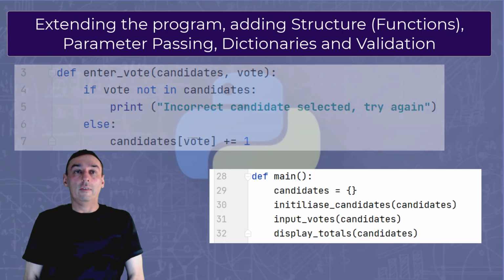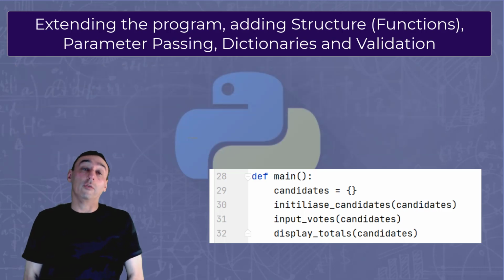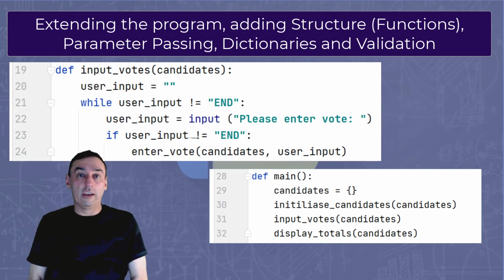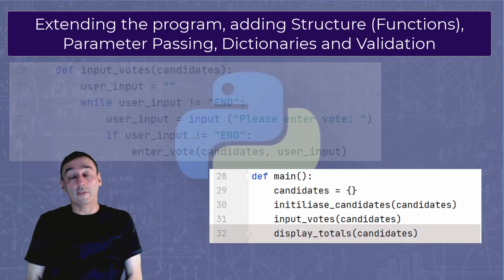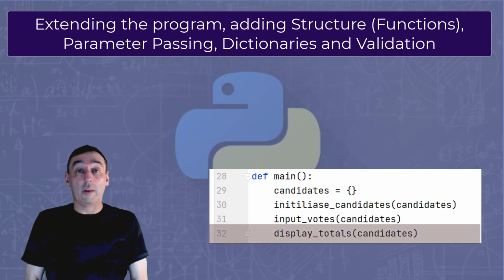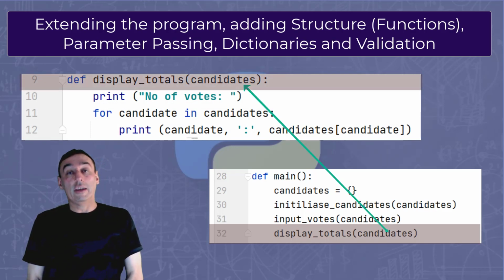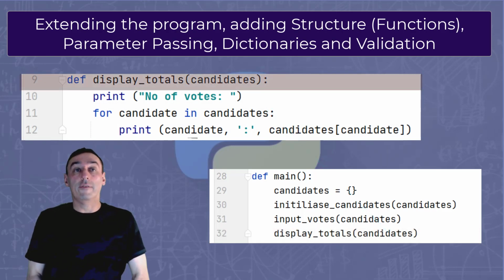So we now go back to the program, it loops through, and it will do that for each candidate until you type in the end value, in which case we go to the last function, which is display the totals, which again will pass the dictionary candidate list, updated with all the votes, to that function.